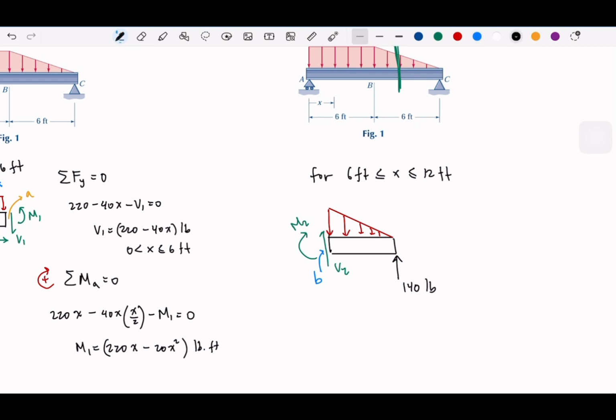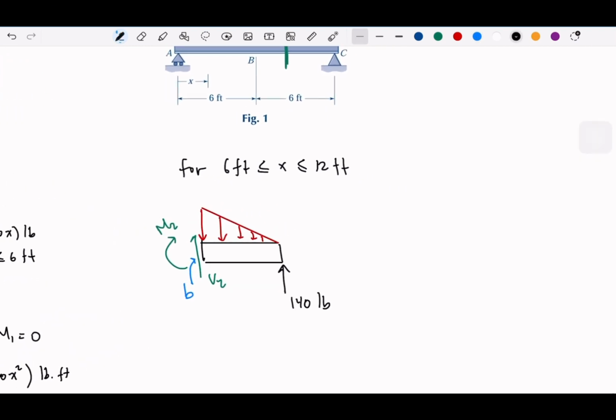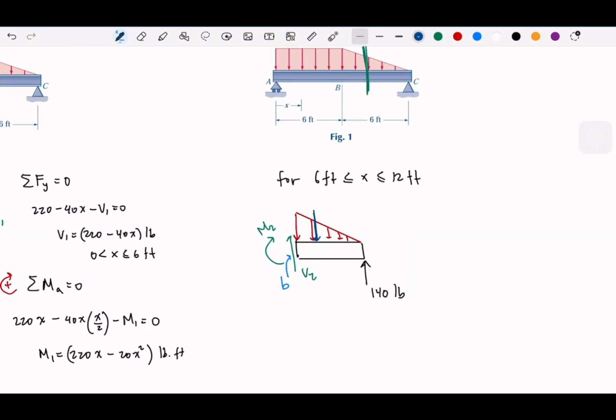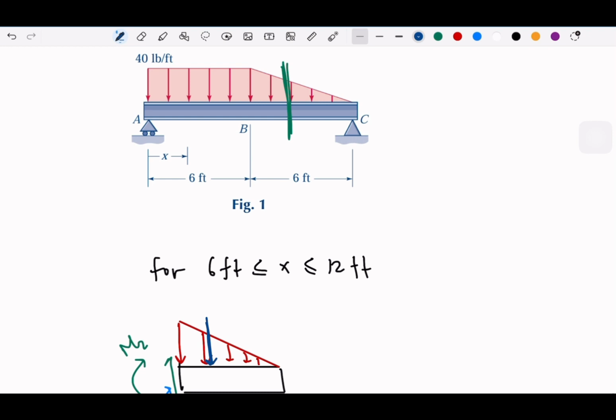But since x is from 6 to 12, so x will be this way, right? 6 to 12, the whole thing is 12.